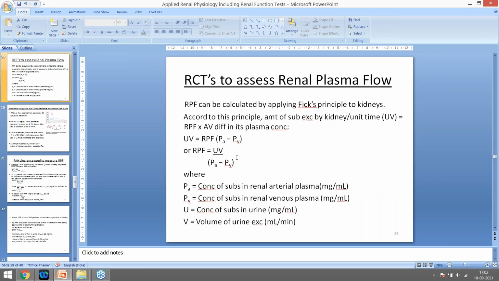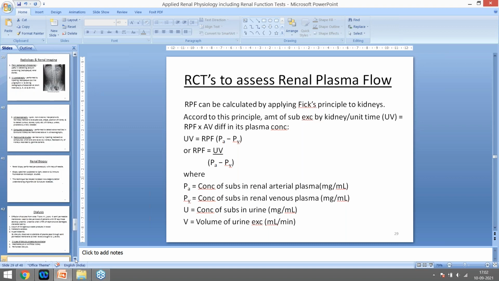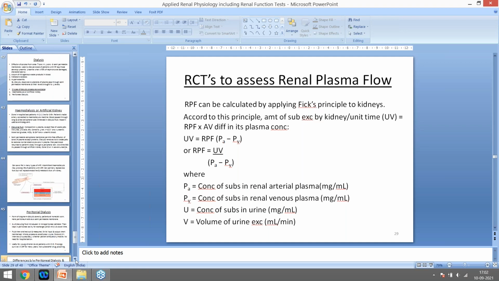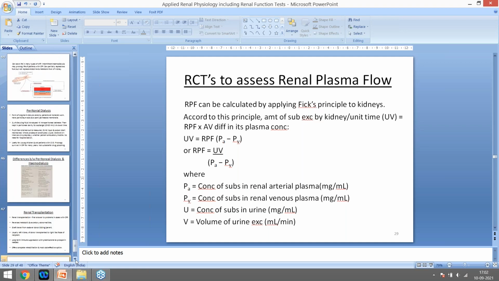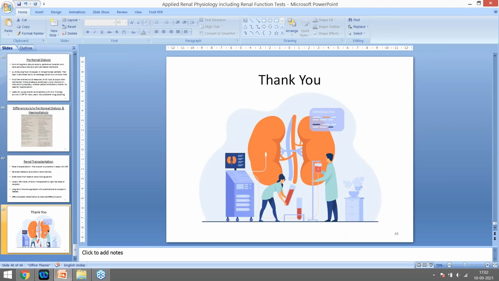This one. Dialysis, I already told you, is an important topic. So that's about it in this chapter.